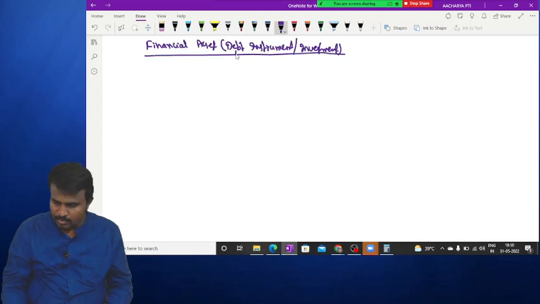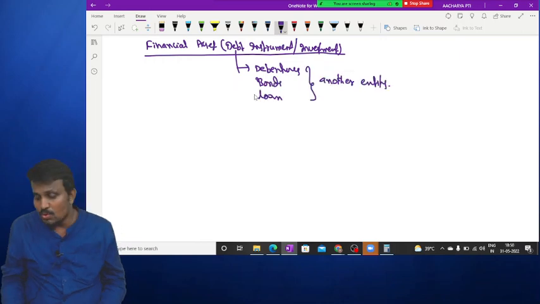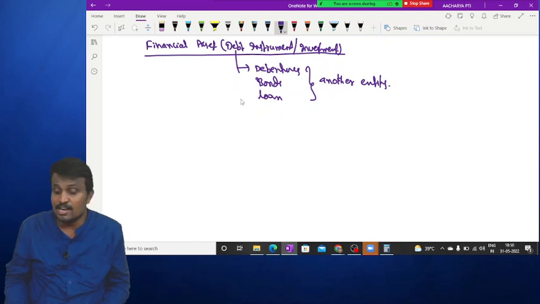That means we may purchase the debentures, bonds, or loan notes of another entity. So the amount invested in the debentures or bonds or loan notes of another entity is covered under debt investment and is treated as a financial asset.